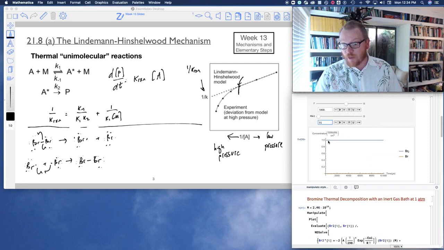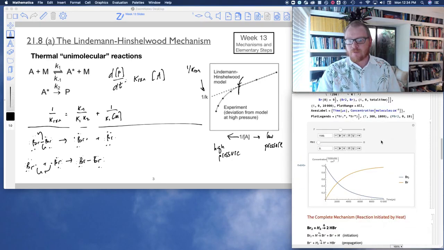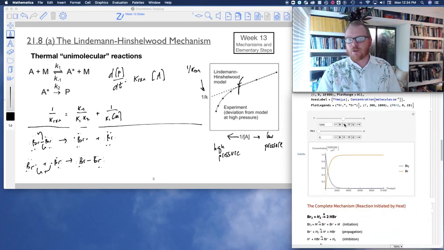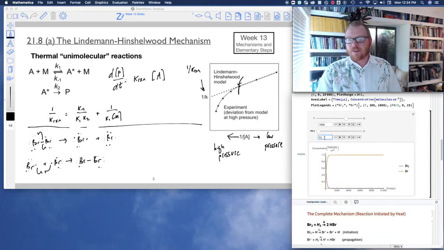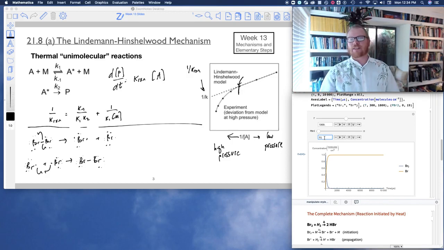Where this is 0, now there's truly only 1 molecule per cubic centimeter, okay? But in this reaction, if I go up to 1300, yes, there's only 1 molecule per cubic centimeter of bromine, but there's 10 to the 19 molecules per cubic centimeter of something like helium or argon or whatever. So it can still induce a reaction. That's pretty cool, okay?